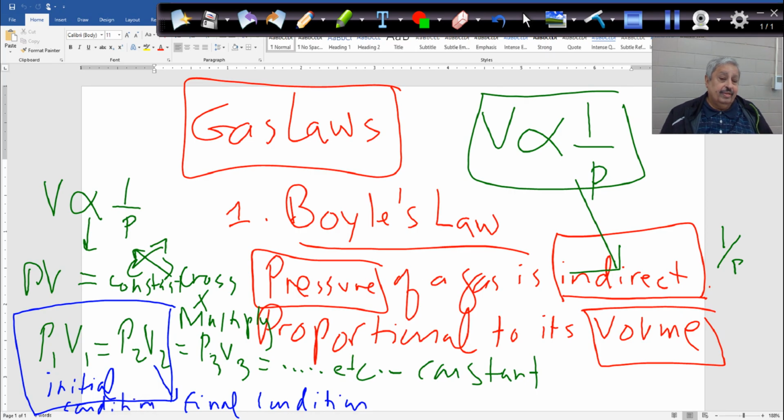So that's Boyle's law. Okay, guys, I just showed you the calculation, how it looks. Now, with this in mind, this is Boyle's law here, guys. So P1V1 equal P2V2.